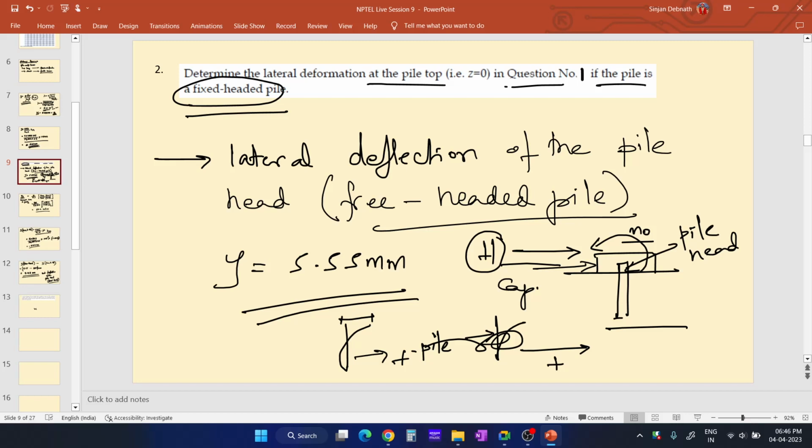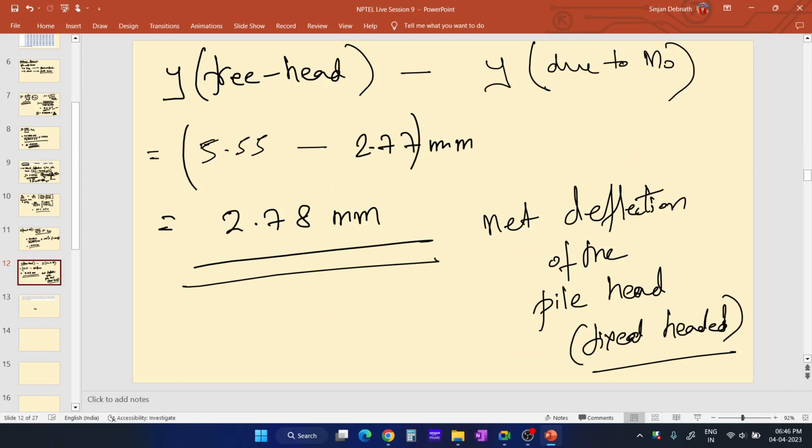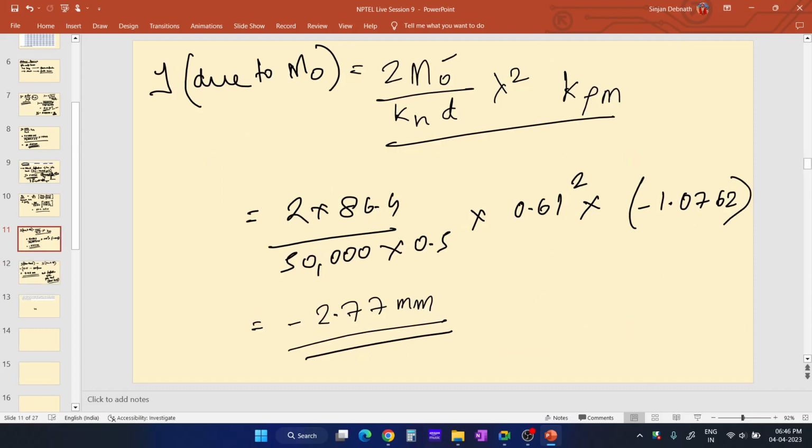So the moment will try to deflect the pile head in the opposite direction due to horizontal load H. That is why the sign of the deflection due to counteracting moment is negative, opposite to that of the free headed pile.